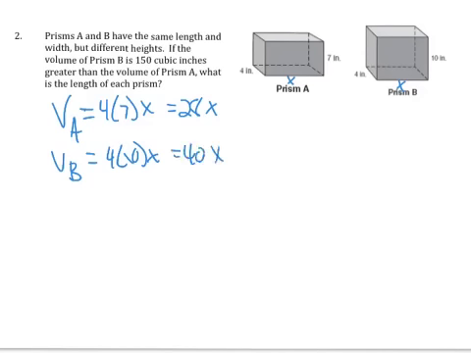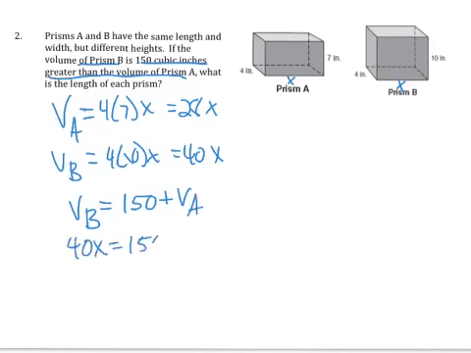But now I need to come up with an equation so I can solve for x. I know the volume of prism B is 150 cubic inches greater than the volume of prism A. So the volume of prism B is going to be 150 plus the volume of prism A. So 40x is equal to 150 plus 28x.